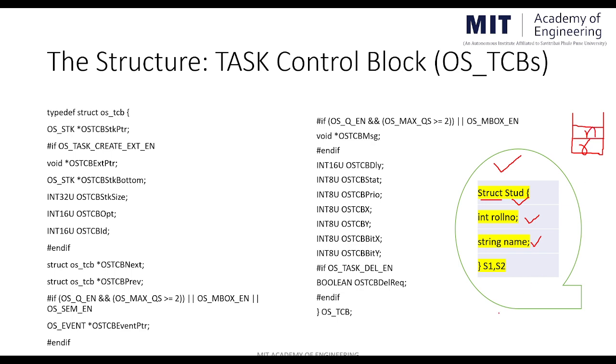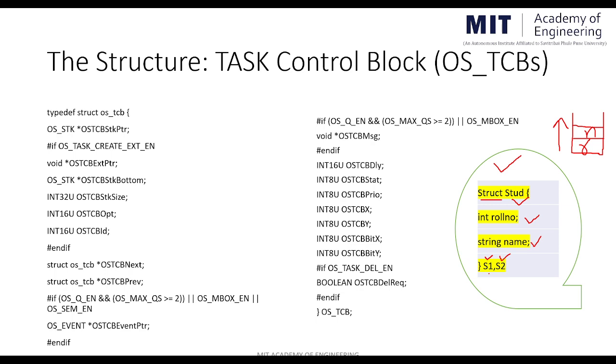So we have created the structure for roll number and name. These are the data members, or structure members, and they are saved in a sequential manner in the memory block. Now, what are S1 and S2? S1 and S2 are the variables of the structure.